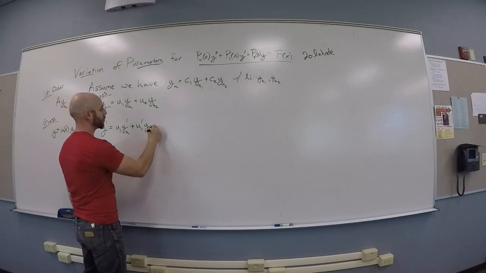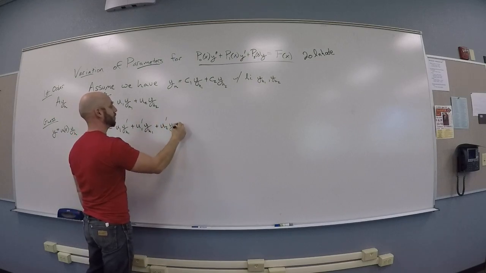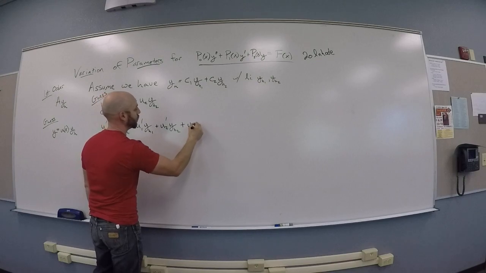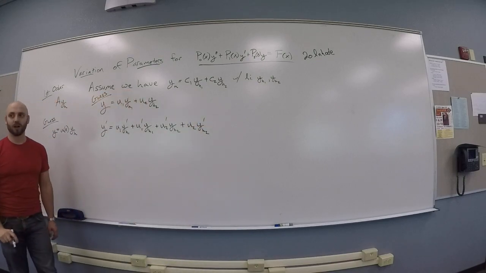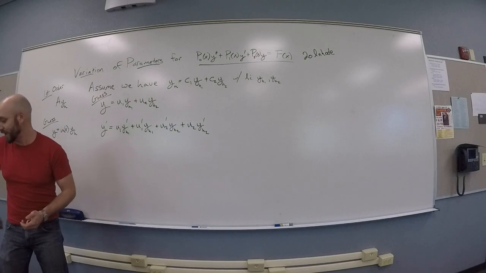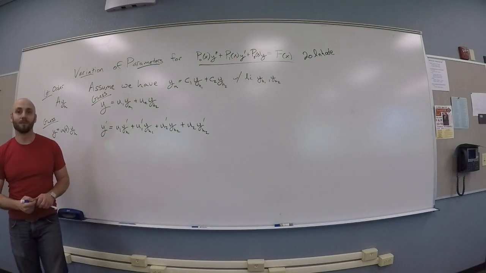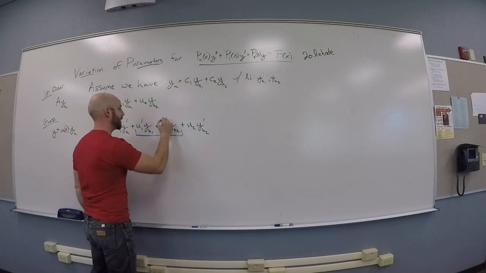And my second product rule is u2 prime yh2 plus u2 yh2 prime. I did those in opposite order because one of the things I'm going to do to make my life easier is assume that this piece here is 0.